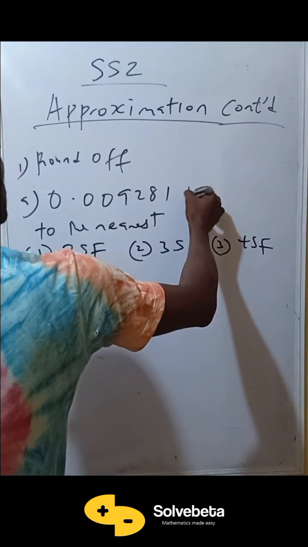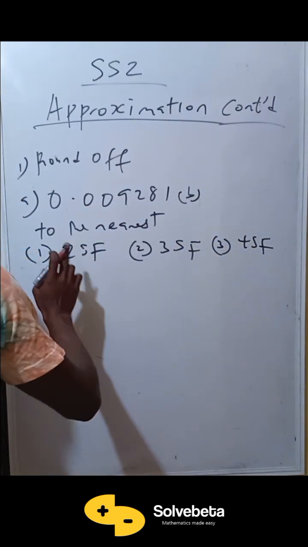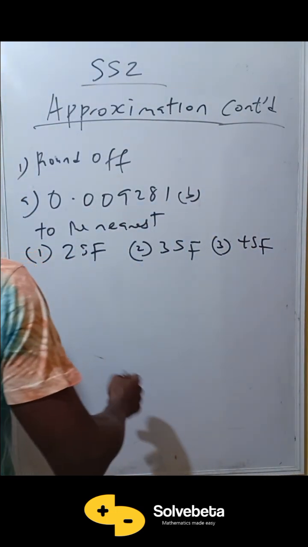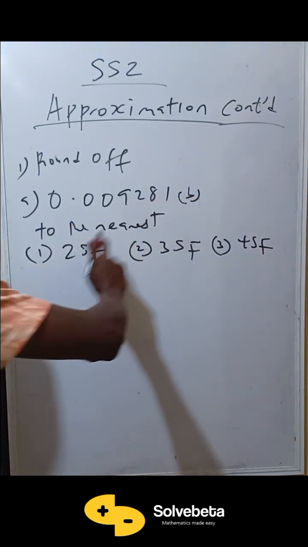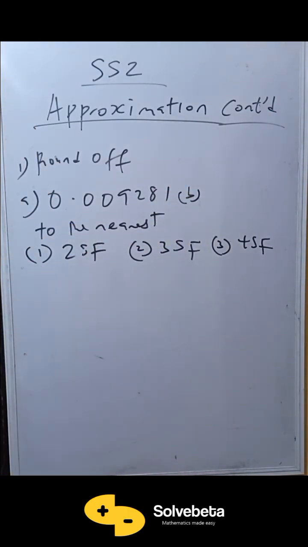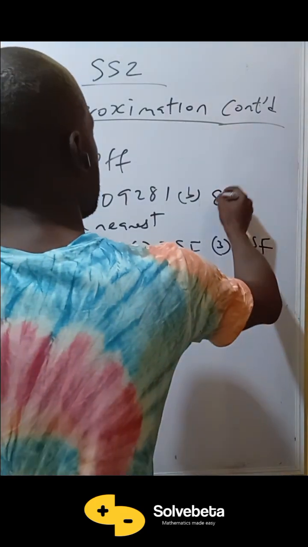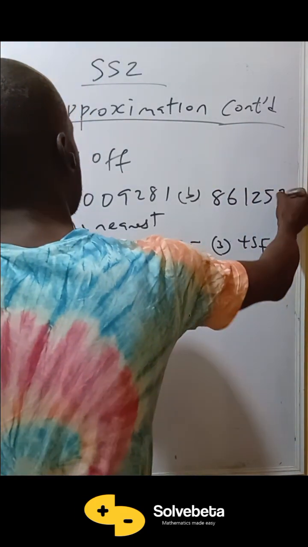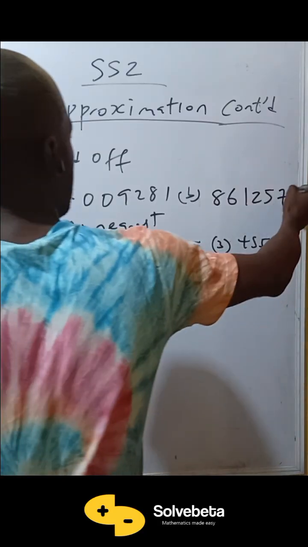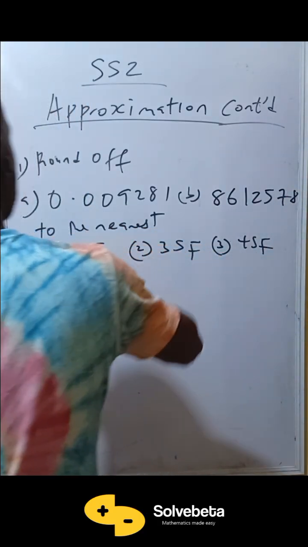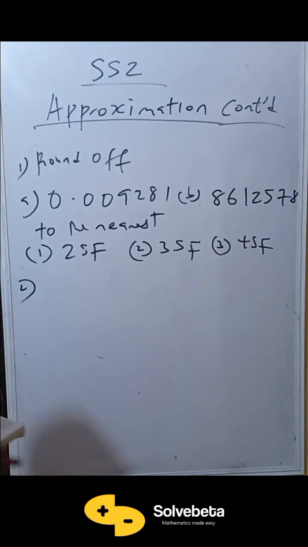Round this first one to 2 SF, 3 SF, and 4 SF. You round this second one, 8, 6, 1, 2, 5, 7, 8, to 2 SF, 3 SF, and 4 SF.